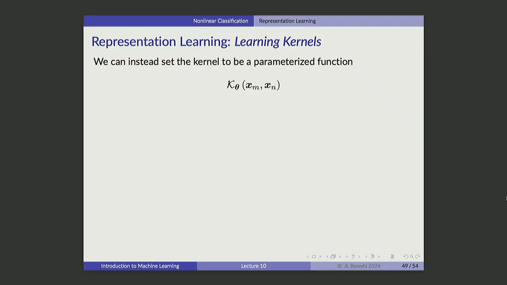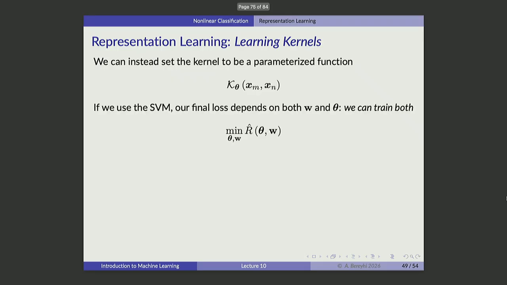W times xm is my represented data point. W times xn, the other represented data point, I put it inside the kernel. Now I compute the cross correlation, and that W is free to choose, right? Everybody sees what I'm saying? So this is what we are going to do in neural networks, basically. But the idea somehow is rooted here.